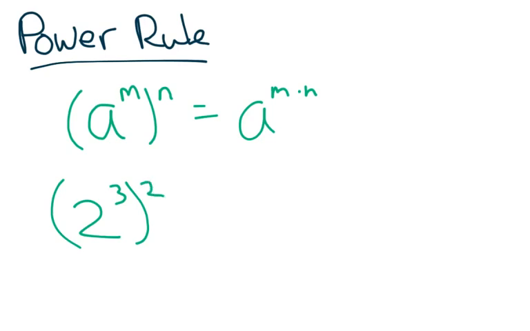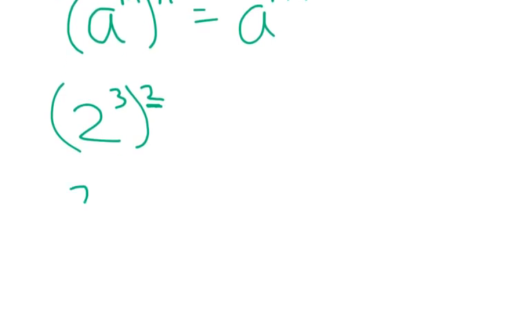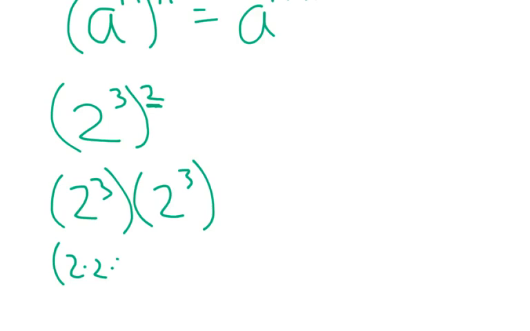Well, remember how the core idea is that exponents are repeated multiplication. Let's focus on this squared. What this means is that we have 2 to the third written 2 times. And then we can continue to further expand 2 to the third as 2 times 2 times 2 times 2 times 2 times 2.